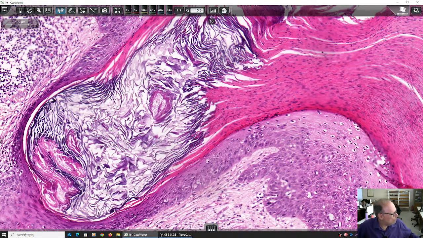No. We just see keratin material without nuclei. However, this area is also thickened. It's very thickened. So this is hyperkeratosis, orthokeratosis. So in the surface of the lesion, we have an alternation between areas of parakeratosis and hyperkeratosis. This is a diagnostic feature of the entity we are going to diagnose.